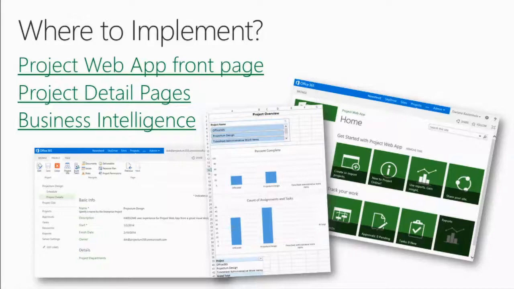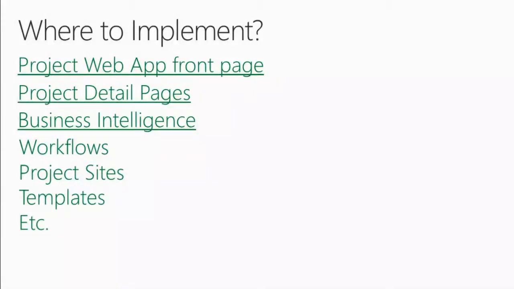Nevertheless, it's just out of the box. You would want to incorporate your organization's identity into this. You can also do workflows, you can put the design into your project sites, and you can also do your templates. But we're not going to reveal all of our secrets to you, of course. So I'm going to leave that for later.